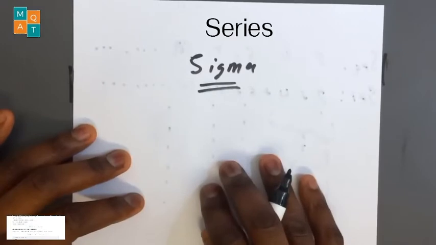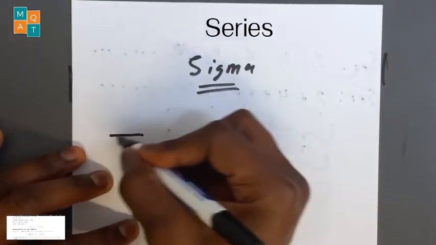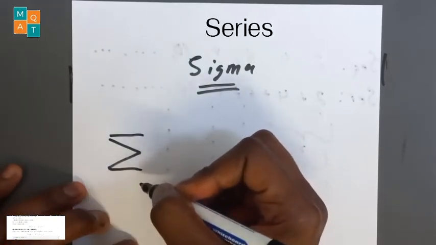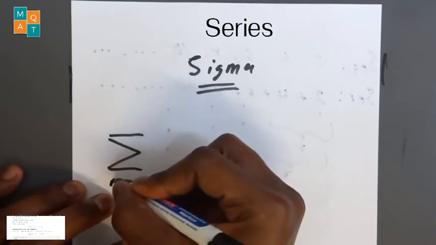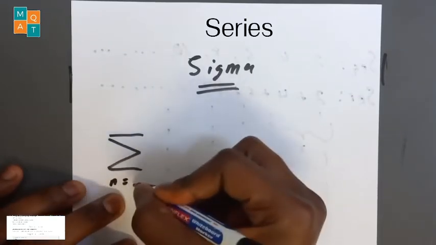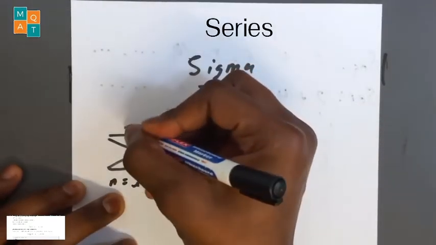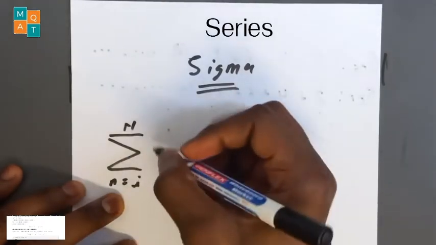Sigma is this nice math sign that looks like this. Then we have something which looks like n is equal to m or i, and then here we have a big N. Then from there we have some function of i.